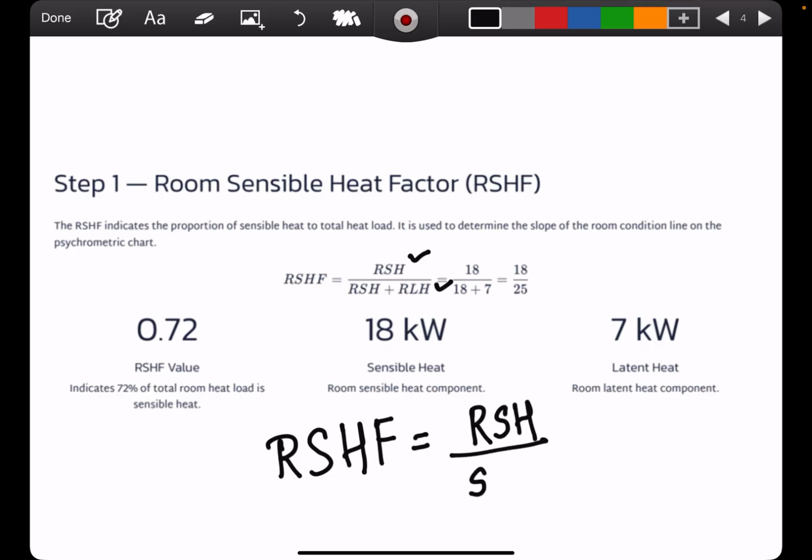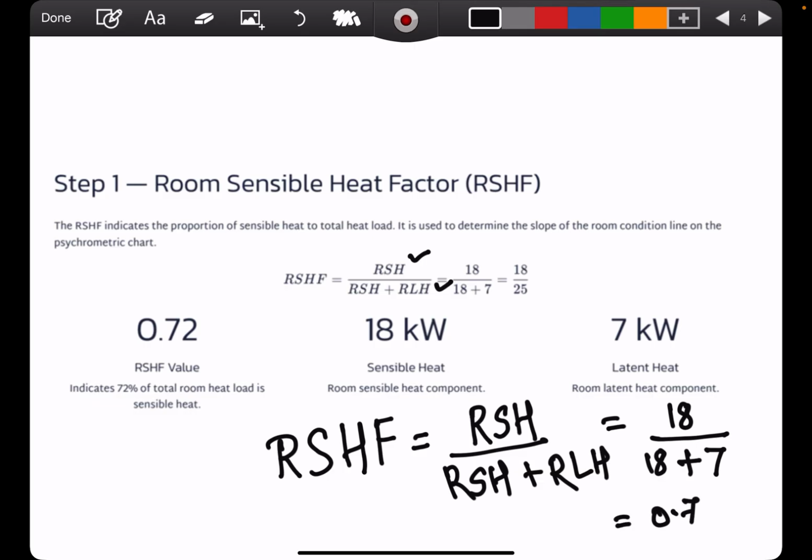Total heat is the sensible heat plus the latent heat. Sensible heat is given to be 18 kilowatts, the latent heat is given to be 7 kilowatts. So 18 upon 18 plus 7 gives us the room sensible heat factor of 0.72.